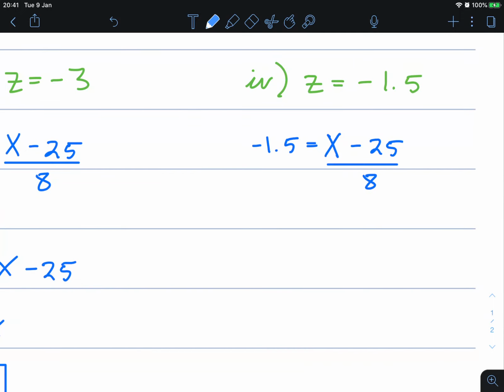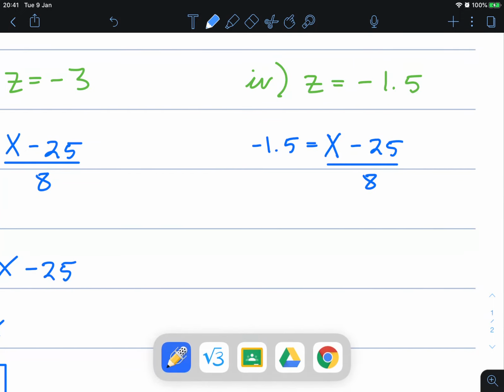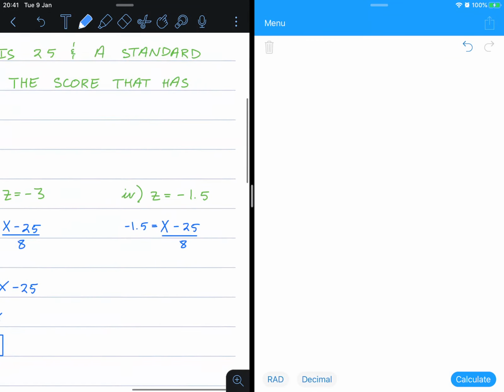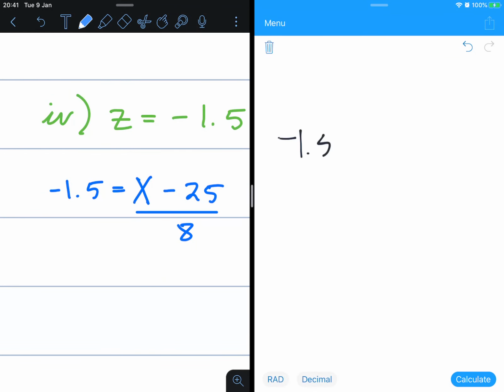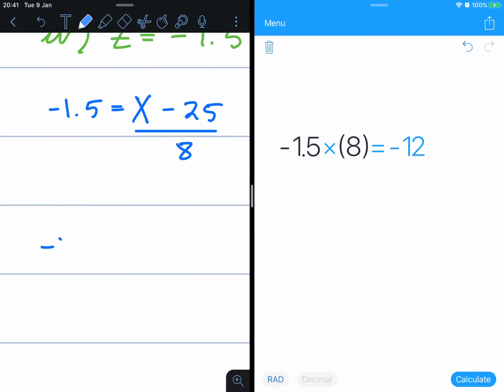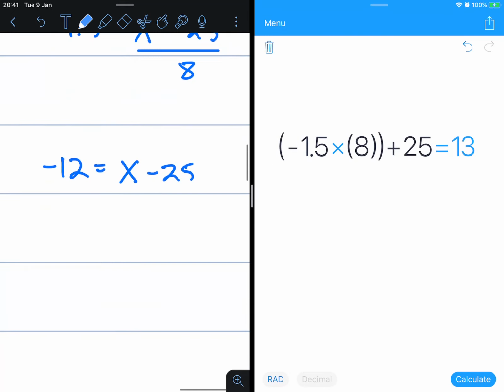Multiplying both sides by 8, negative 1.5 times 8 gives us negative 12 equals capital X minus 25. Let's add 25 to both sides. This gives us X is equal to 13.